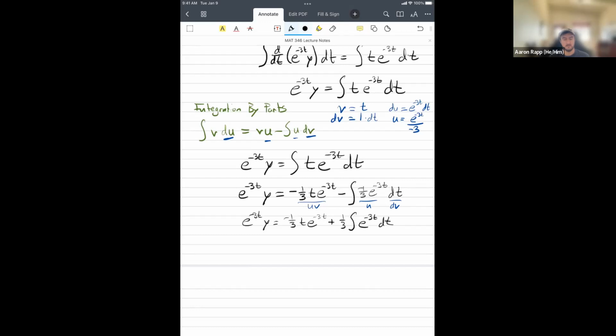And wait a second, haven't we already done that? What's its antiderivative? E to the -3t over -3. Yep.